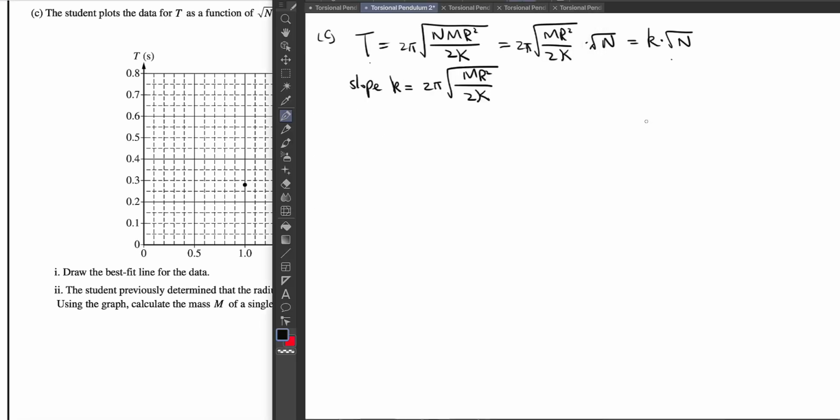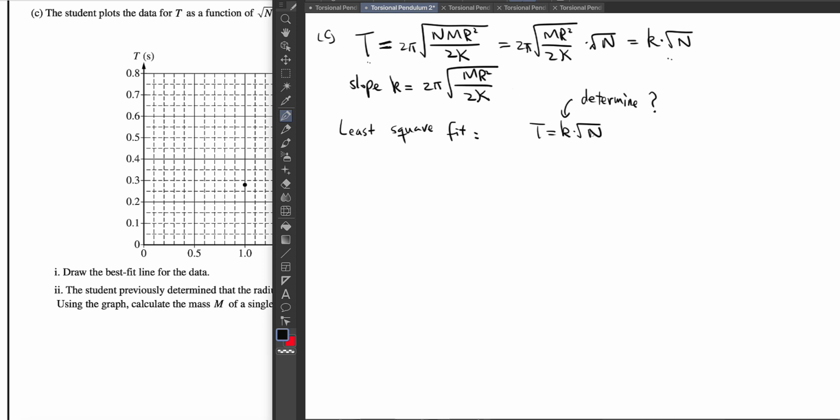Okay, so how to draw a line, how to fit this data? It's called the least square fit. The method mathematically is called the least square fit, meaning that suppose you have a relation like this, T equals k square root n, and that's the assumed relation, and you want to determine this k here. But how to do that, right?